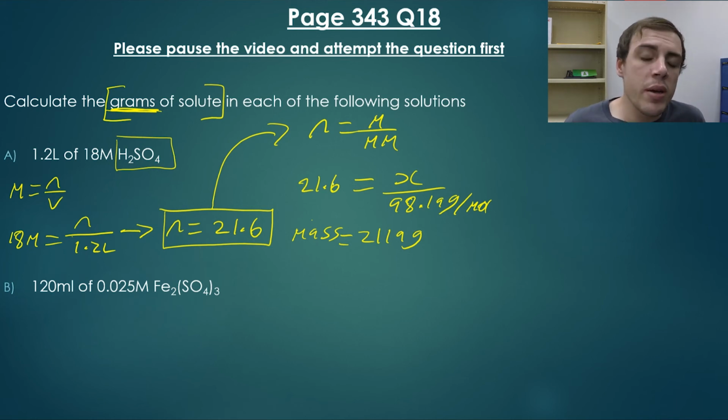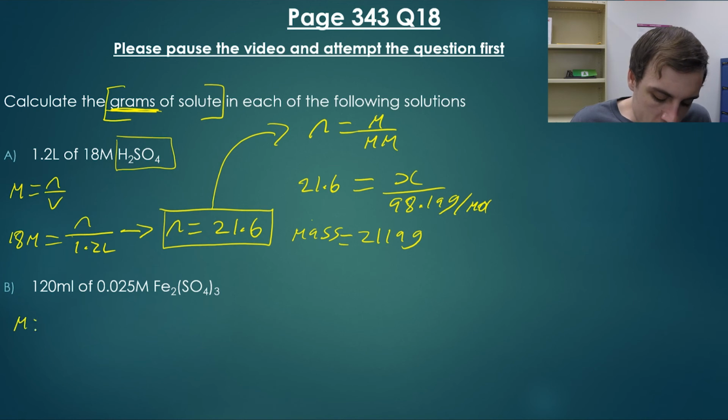This one can be a little bit more tricky because it catches people out who aren't paying attention. So the first thing I do here is the same plan as before. We have a unit of molar, we have our unit volume, so let's convert it into moles so we can convert it again into mass. So molarity is equal to moles over volume.